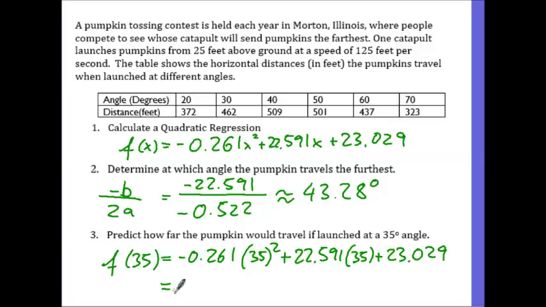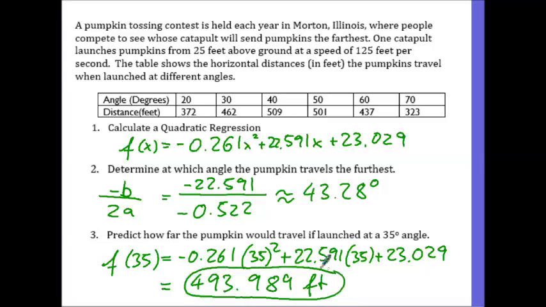And I've done the math for you again, you guys. The answer is 493.989. And what was the unit? Distance in feet. 493.989 feet. There's your answer.